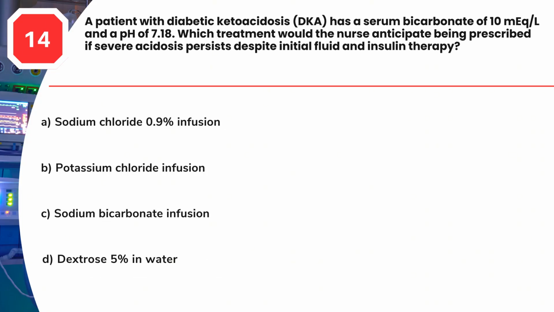Question 14. A patient with diabetic ketoacidosis, DKA, has a serum bicarbonate of 10 milliequivalents per liter and a pH of 7.18. Which treatment would the nurse anticipate being prescribed if severe acidosis persists despite initial fluid and insulin therapy?